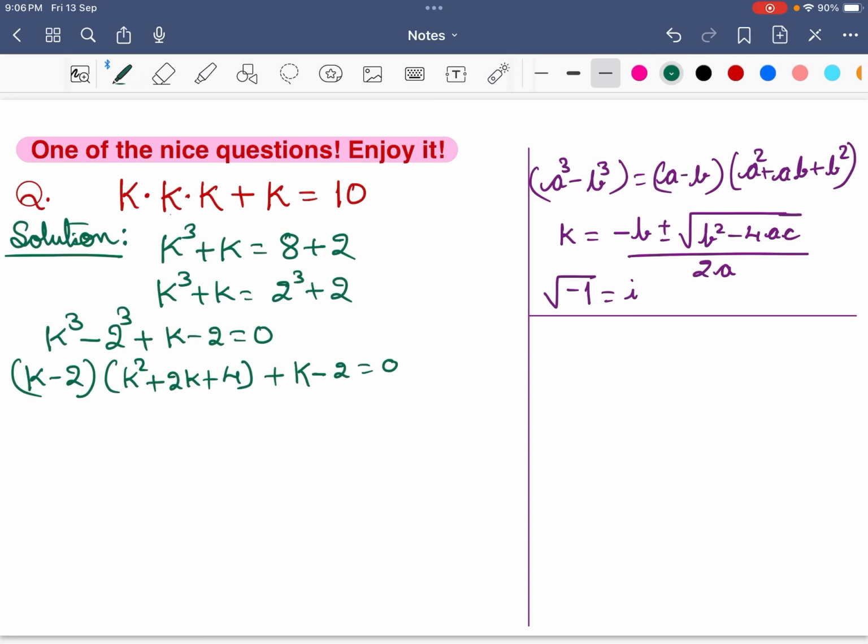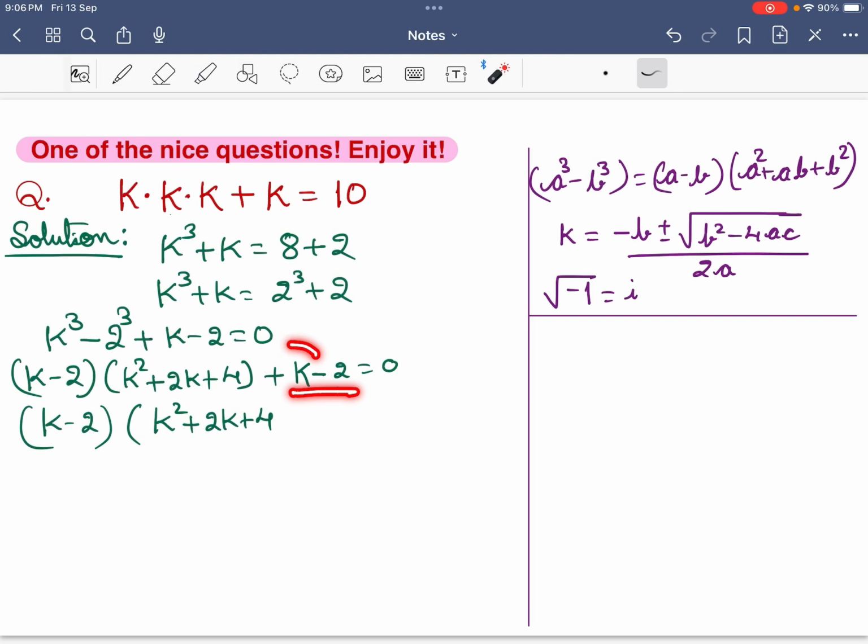So I am taking k minus 2 as common. Here we are left with k square plus 2k plus 4. When we divide the other k minus 2 by k minus 2, we are left with plus 1.